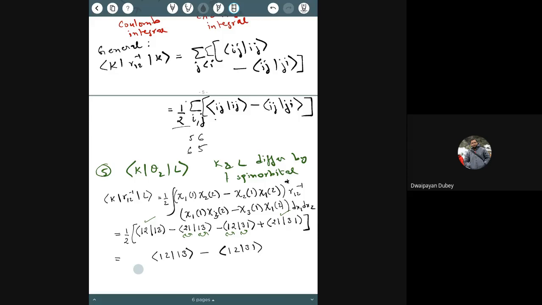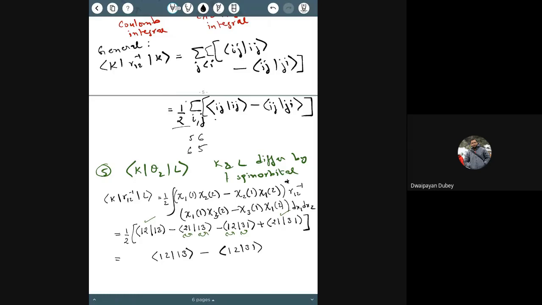But when you generalize, if you look carefully, you will not get a sum over all pairs, because now 2 and 3 are different, right? So the 2, 3 pair is one particular pair. So the double sum will not come.